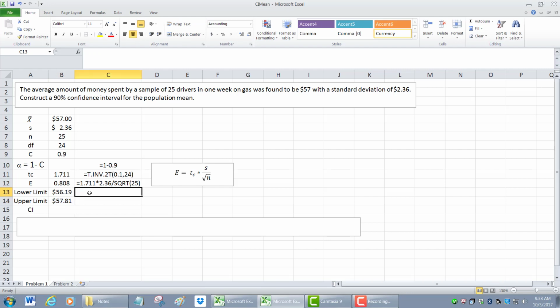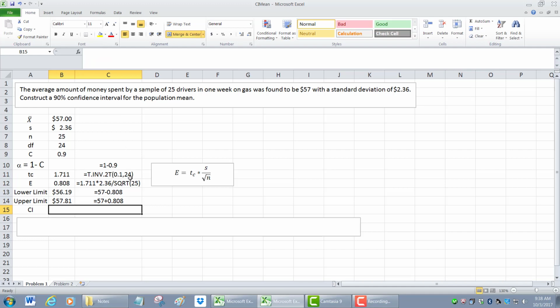Those are both money. Here's how we got them. So our confidence interval is going to be 56.19, 57.81.